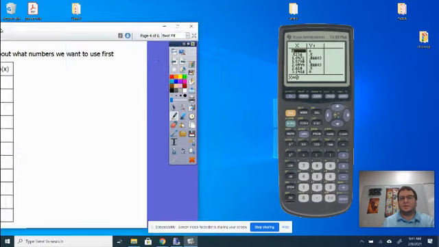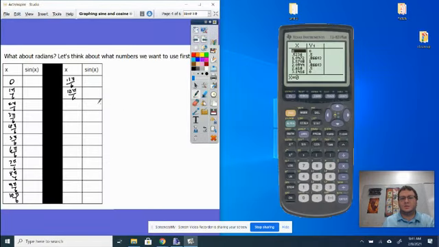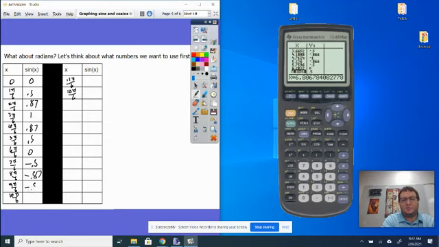Then we're going to throw this over here. So we're at 0, 0.5, 0.87, 1, 0.87, 0.5, 0, negative 0.5, negative 0.87, negative 0.5, 0, 0.5.